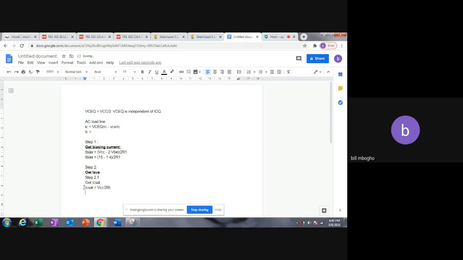Yeah, and then once you've got IC saturation, step 2.2, you divide IC saturation by pi. I average is equal to IC sat over pi, which is equal to VCC over 2 pi RL.